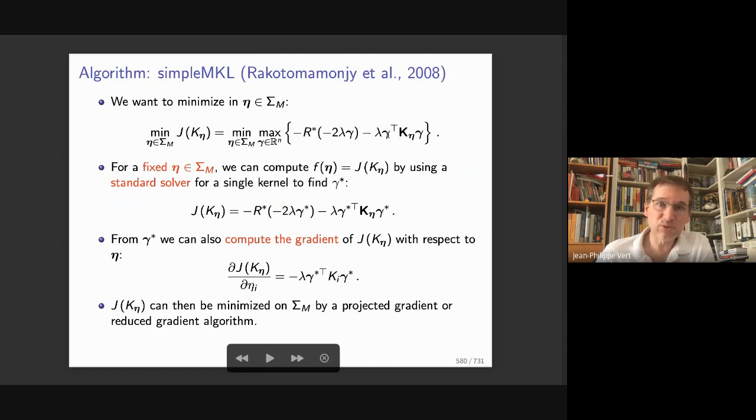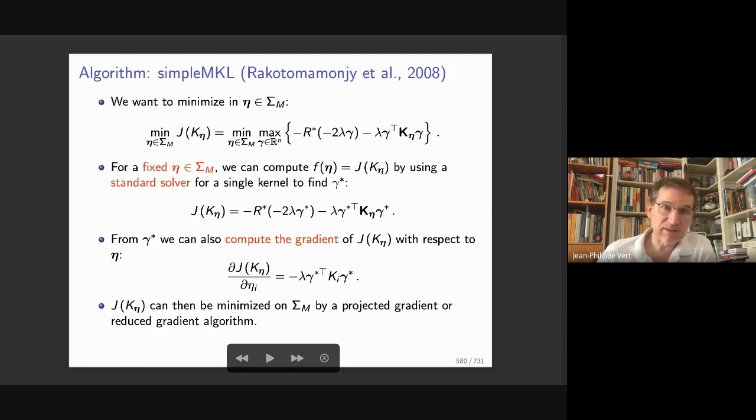So basically, they give you the value J of K_eta. The question now is, if you want to optimize over eta using a numerical method, for example gradient descent or projected gradient because you have constraints on eta, what you need is not only to compute J of K_eta, but also the gradient in the kernel, so in eta.